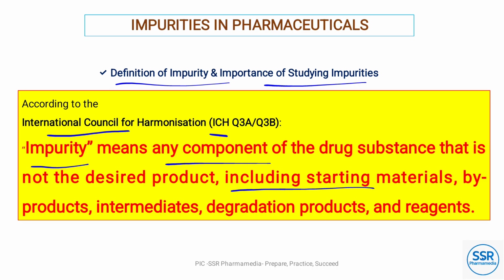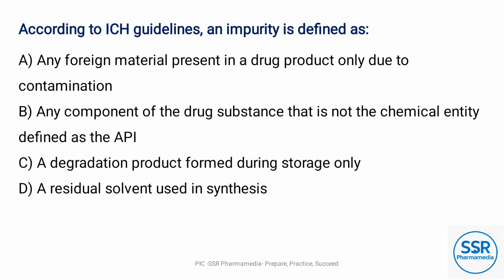So that means other than the original product, if any other material like starting material, byproduct, intermediates, degradation products and reagents are present along with the active pharmaceutical ingredient, that is all called impurities.